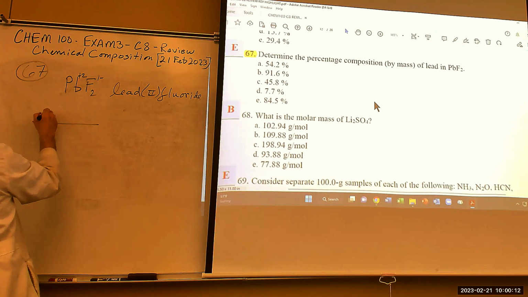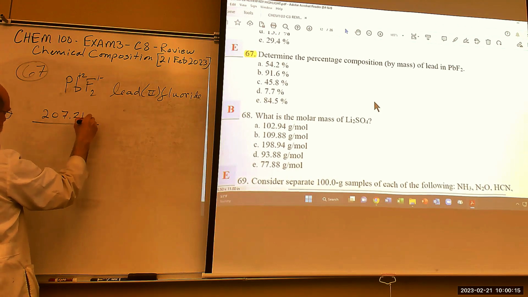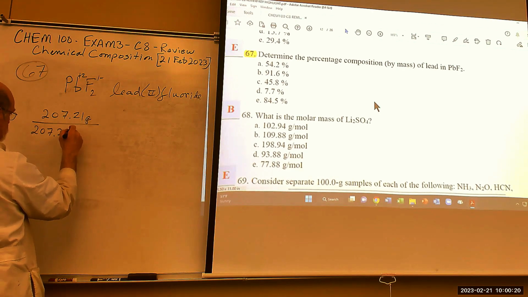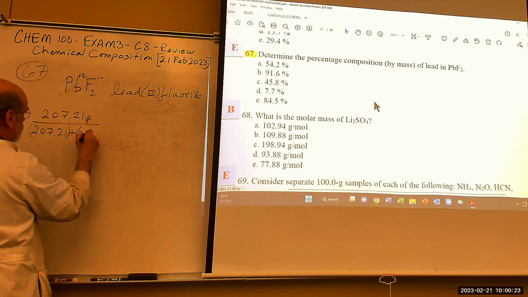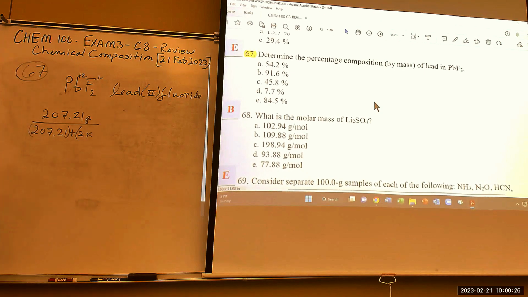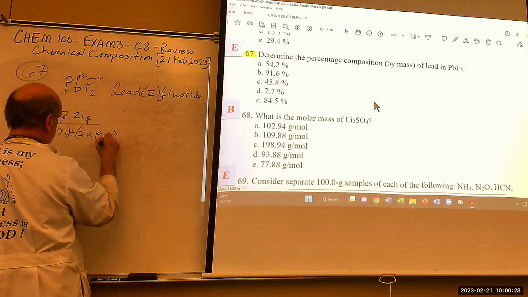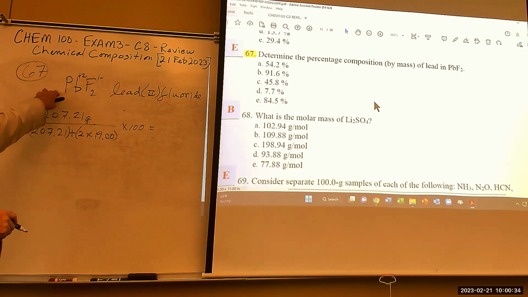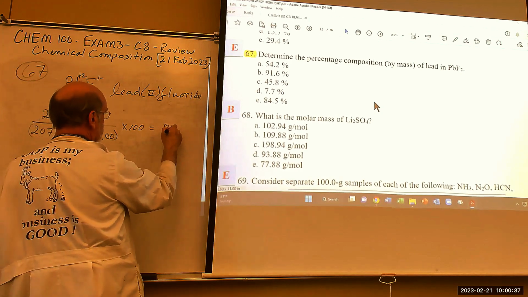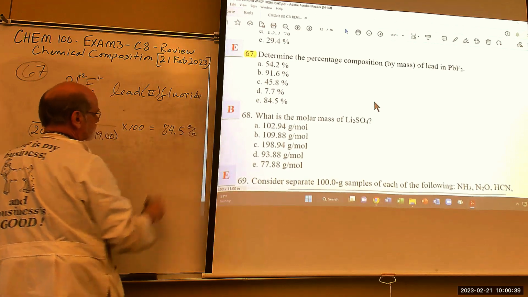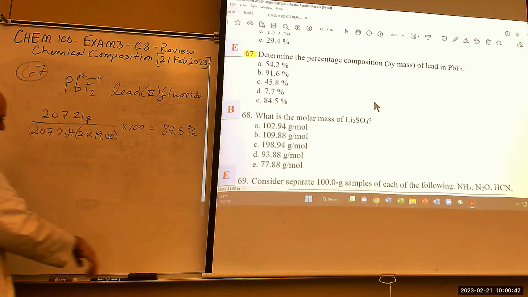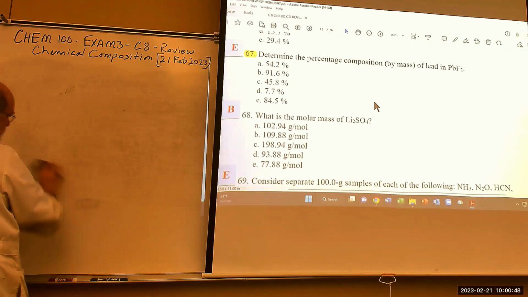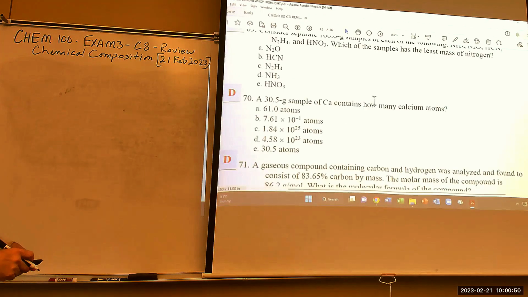Lead is 207.21 grams per mole, and that goes together with 2 fluorines plus 2 times 19, times 100, and that will give you the percent by mass of lead in this compound, which should be in the neighborhood of 84.5%. All right.